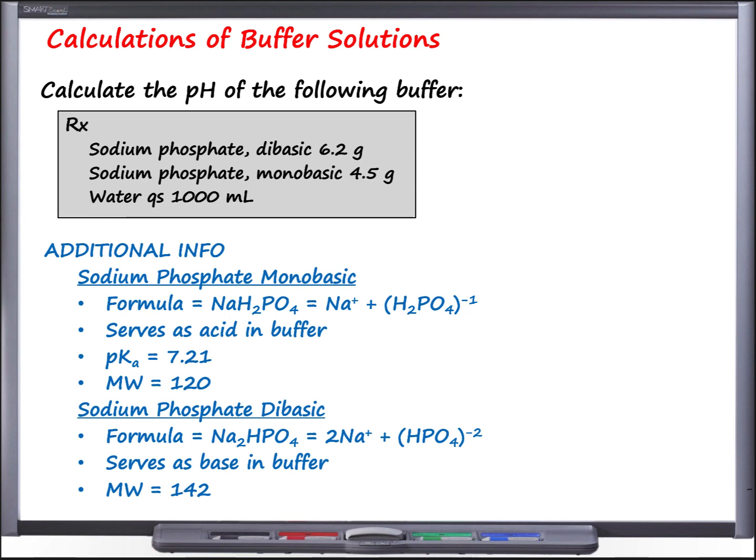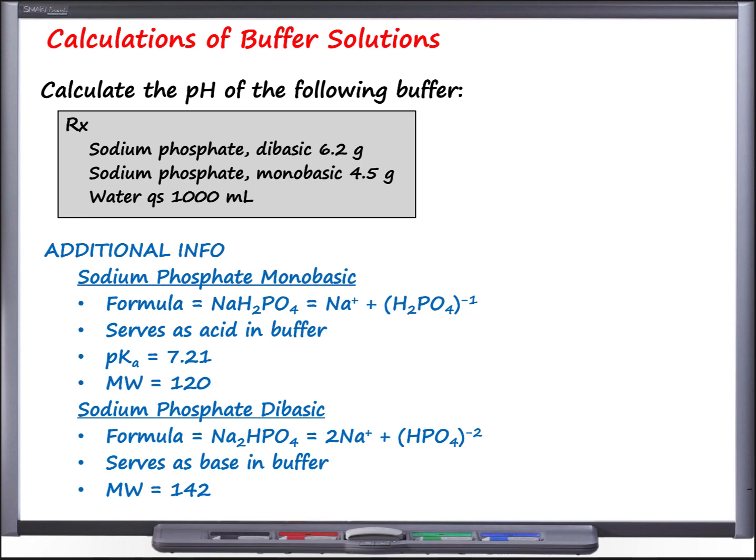Because it is more negative, -2 versus -1, the dibasic sodium phosphate serves as the base in our buffer solution. It's the base because its more negative charge means it more readily accepts an additional hydrogen ion, and accepting the hydrogen ion makes it serve as the base in this buffer solution. We also know that its molecular weight is 142.